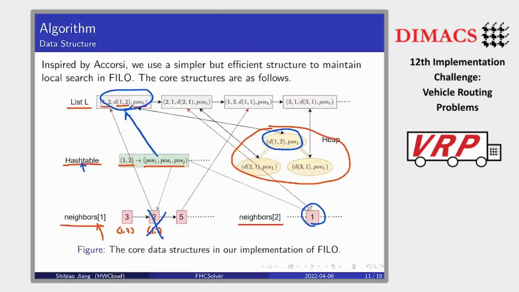So we can just delete this pair, and we just pop it in the heap. And you will find that whether we add a pair or delete a pair, all the structures can be modified within O(1) time, so it is very efficient. Okay, let's go on.